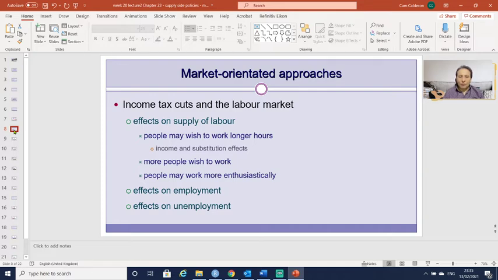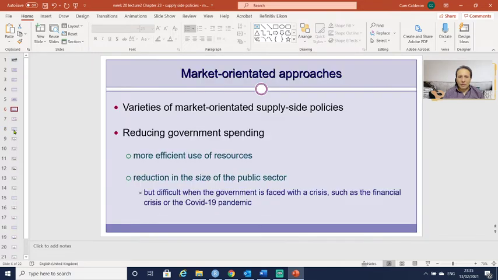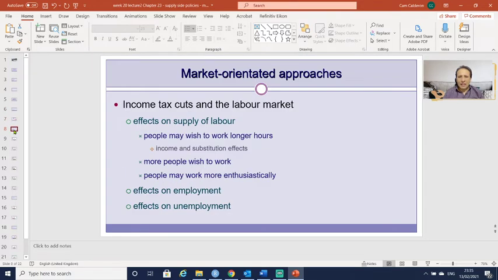Okay, so what other market-oriented approaches do we have? We covered reducing government spending. The second one is income tax cuts and the labor market. When we have an income tax code, we have effects on the supply of labor. When we have tax cuts, we are probably going to encourage people to work more.